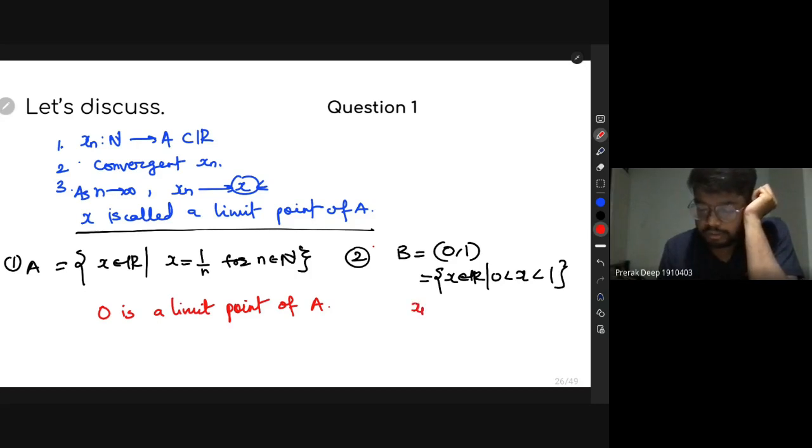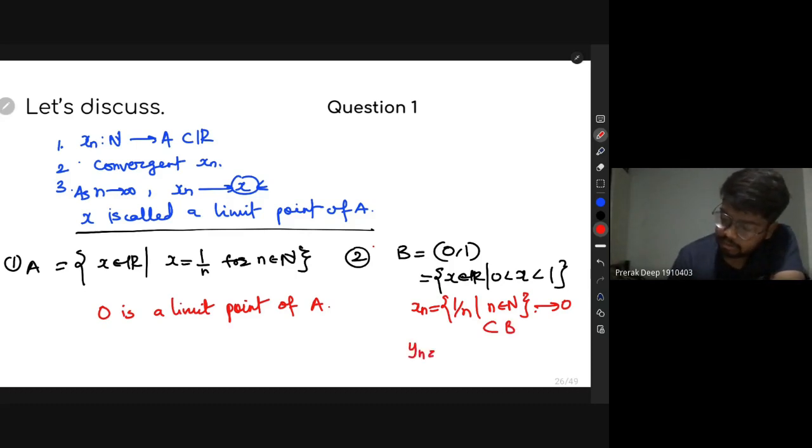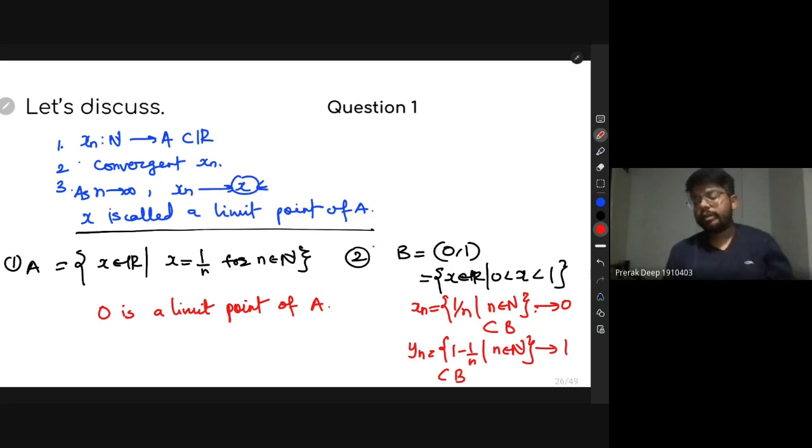Why? Because you can always consider the sequence 1 over n. This sequence converges to 0, and these terms 1 over n are contained in B. Similarly, you can consider the sequence 1 minus 1 over n, which converges to 1, and this sequence is contained inside B. So the limit points of B are 0 and 1, correct?